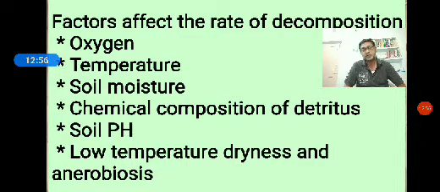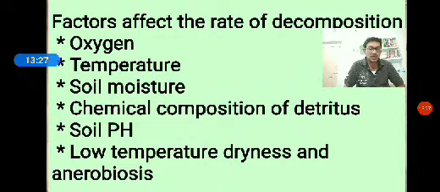Second, temperature. An increase in temperature from 10 to 25 degrees centigrade increases the rate of decomposition. If the temperature decreases, the decomposition process also decreases, that means it slows down.